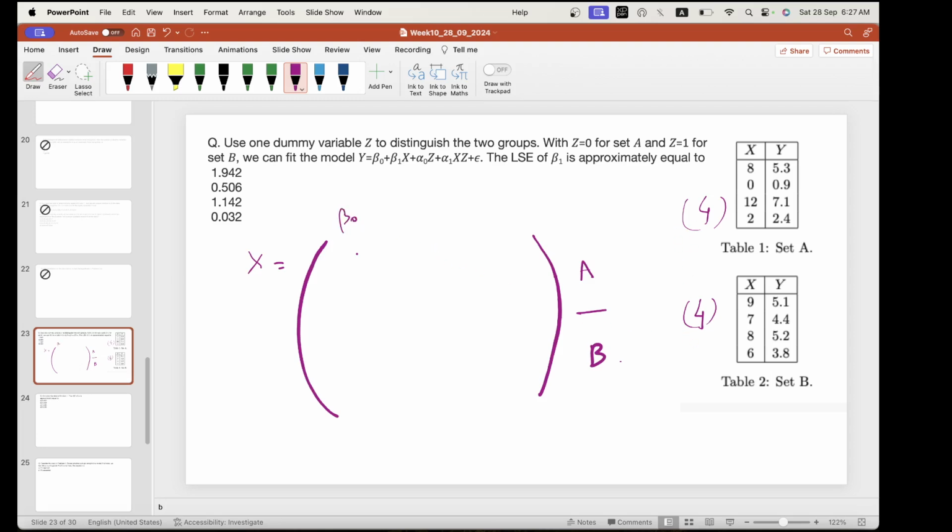So for beta naught we are going to have 8 ones, 1 2 3 4, and then this would be 5 6 7 8. Beta 1 will have only x values. So here we have 8 0 12 2, and then for the next set we have 9 7 8 and 6.